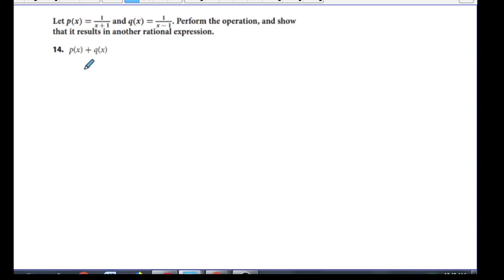So what we have here is 1 over x plus 1 plus 1 over x minus 1. Our common denominator, if you remember, is going to be multiplying these two denominators together, so x plus 1 times x minus 1.